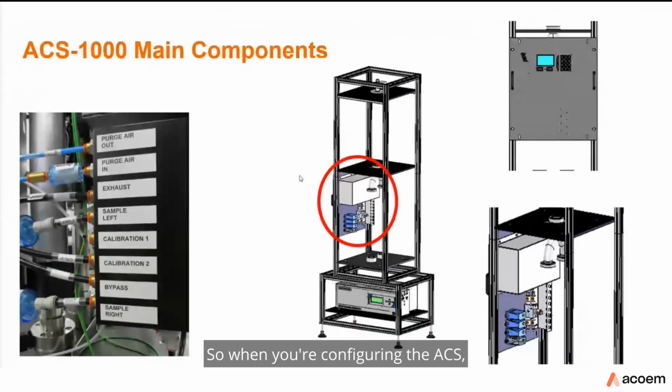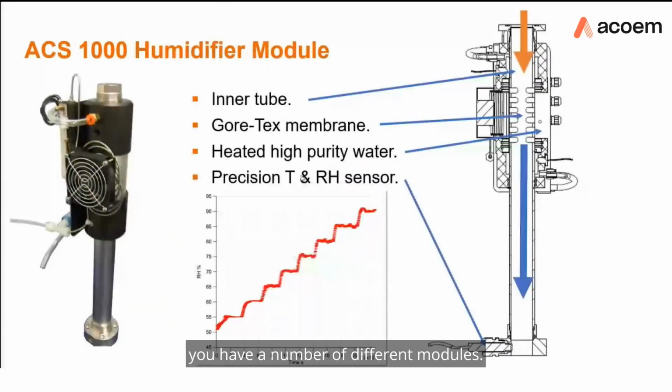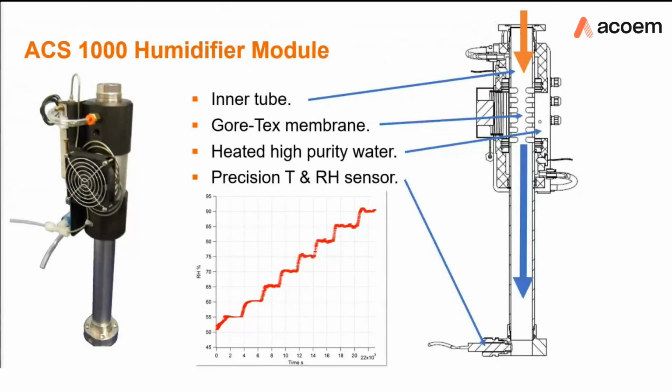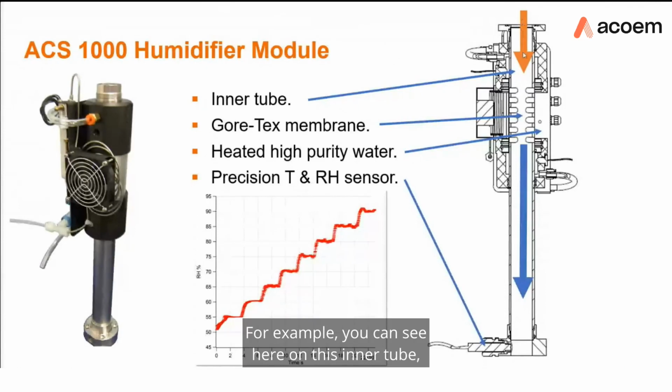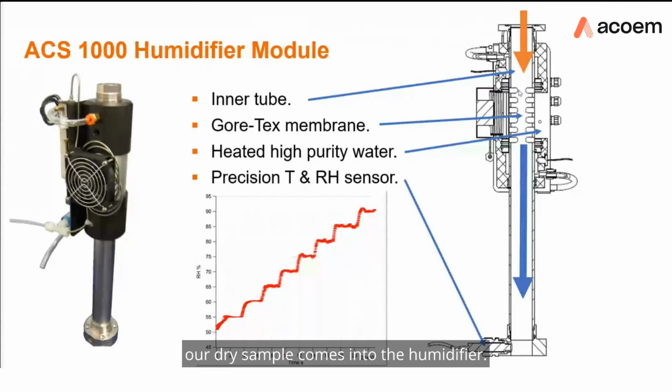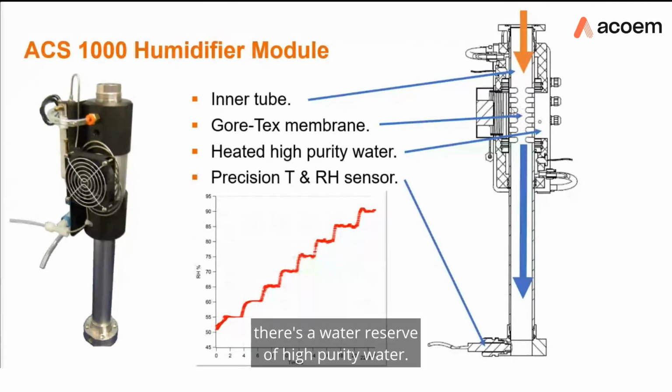When you're configuring the ACS, you have a number of different modules. The Humidifier Module is one module that you'll need, and it is used to control the humidity of your sample. For example, you can see here on this inner tube, our dry sample comes into the humidifier. It passes through a Gore-Tex membrane, and on the outside of that membrane there's a water reserve of high purity water.